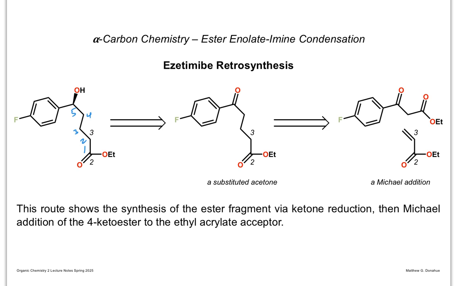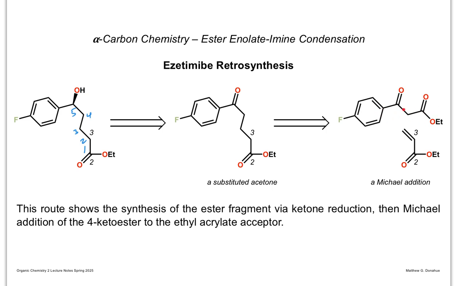That will ultimately get us back to the Michael addition that we learned today. So this thing you can think backwards as coming from the reduction of a ketone, so that gets us to there. And then we're going to make that bond disconnect through the Michael addition. So there's the ethyl acrylate, that was pretty cheap.